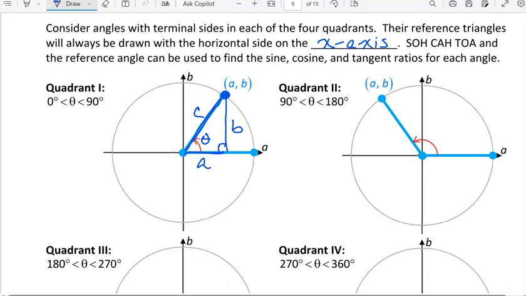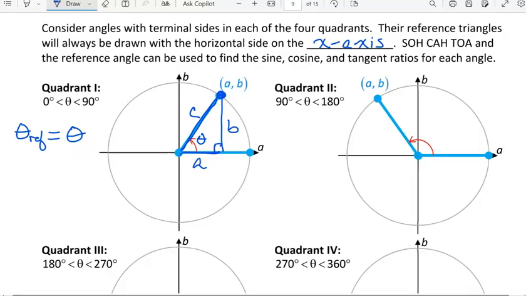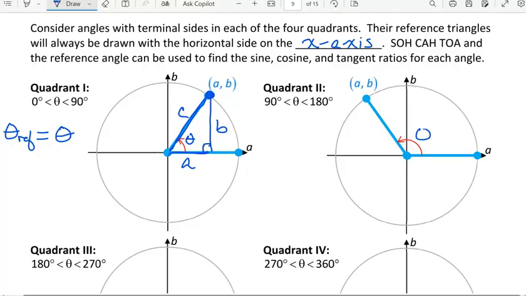And in quadrant 1, the reference angle is the angle inside the triangle, so it's the same as theta. So no fancy footwork there to figure out a reference angle. In quadrant 2, if we go to the endpoint of the terminal side and drop a vertical there, the horizontal side is on the x-axis, and the hypotenuse is the terminal side, sides A horizontal, B vertical, and C hypotenuse.